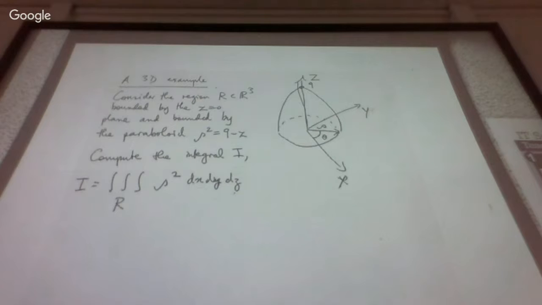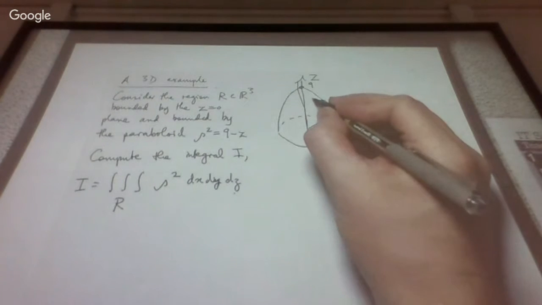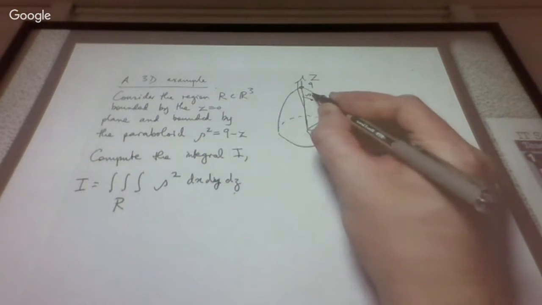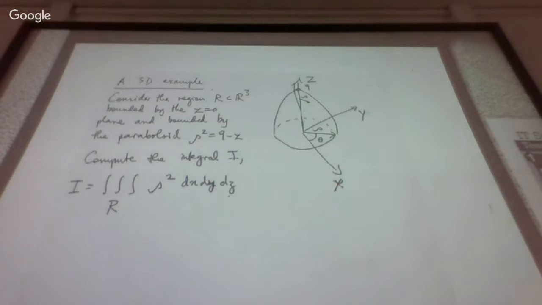So the density depends on the cross-sectional distance from the z-axis. For any point in 3 dimensions, you can also think of rho as being the cross-sectional distance of that point from the z-axis, so the horizontal distance of the point back to the z-axis.